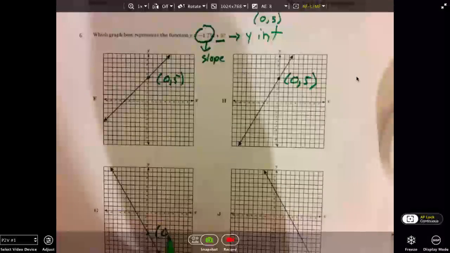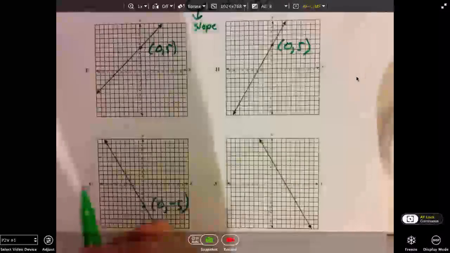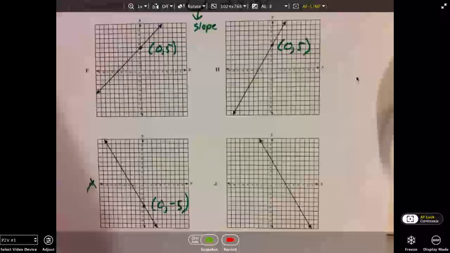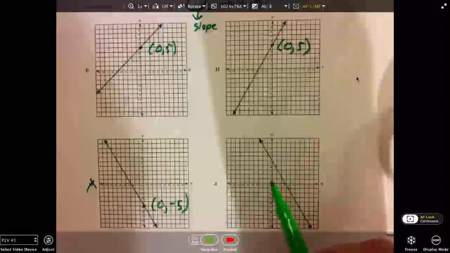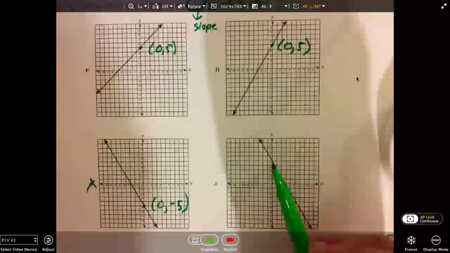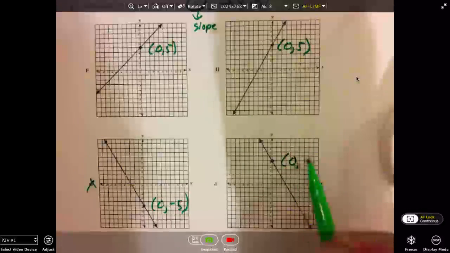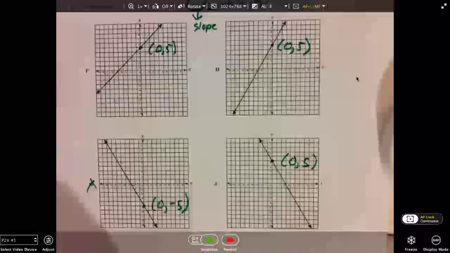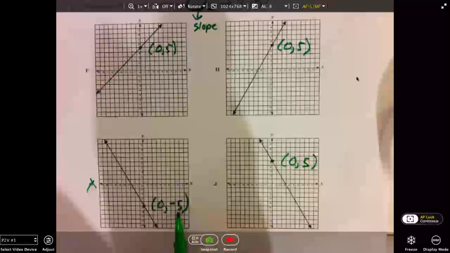That y-intercept is 0, negative 5. So G is not possible. Now J, 1, 2, 3, 4, 5. Indeed, J crosses at 0, 5 as well.